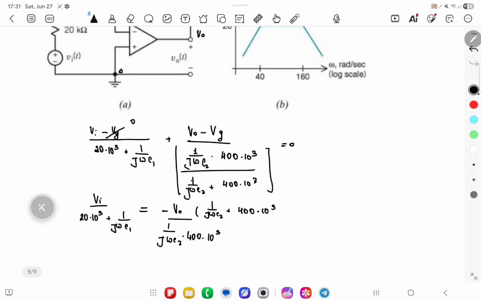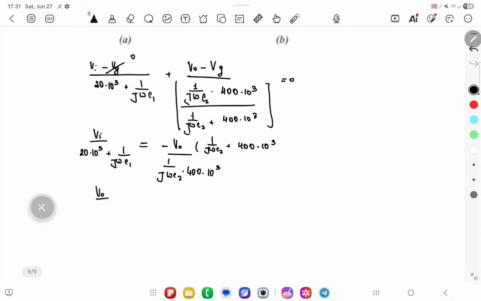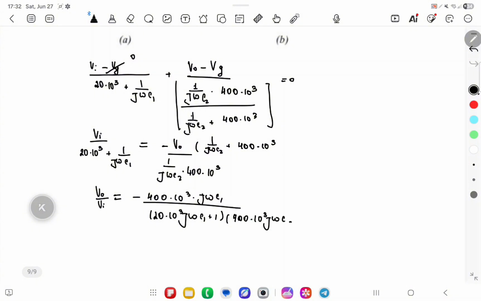Okay, so then it becomes rather simple because we can now take the relation of V0 over V1. And there is some really cumbersome calculation to it, but if you go through all the steps, you will get something like this. So we may afterwards equate it to our expression of a network function that we can get from the Bode plot and find our values of capacitance 1 and capacitance 2.